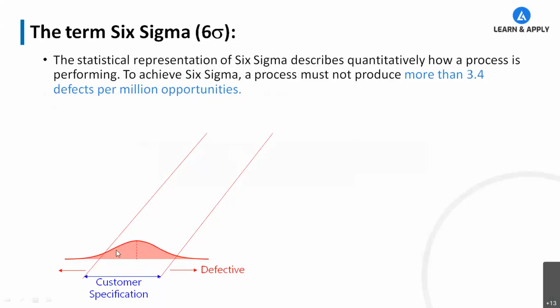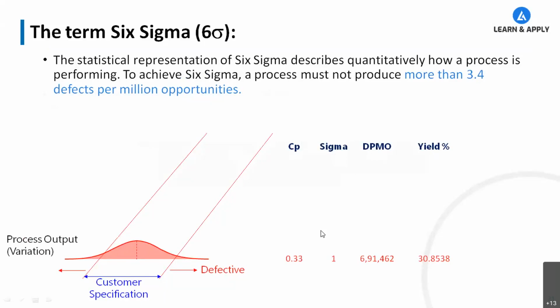This is the distribution curve, normally distributed. And if you see the process variation, the output we are getting from that process, we have plotted it against this customer specification. Now we will look at the sigma level, DPMO, that is defects per million opportunities, and percentage yield, meaning what percentage of products are coming as good or acceptable to the customer, within this red line.